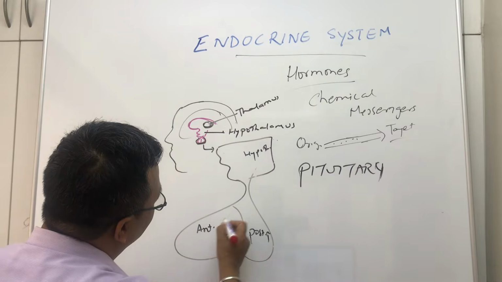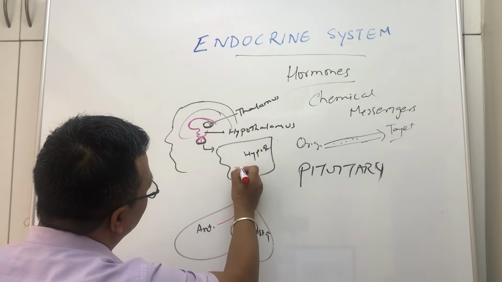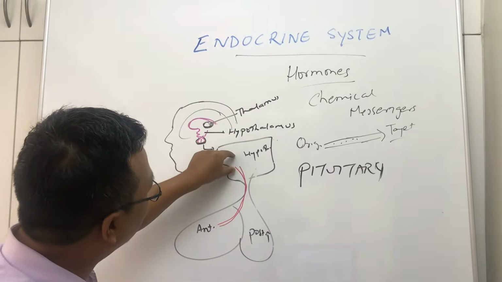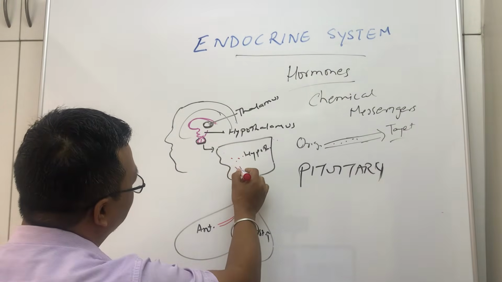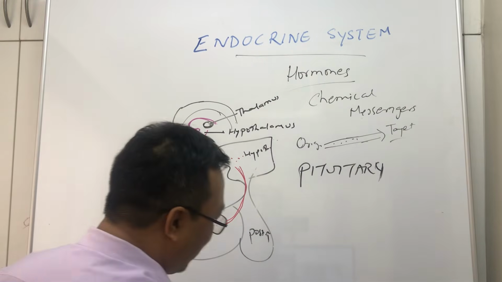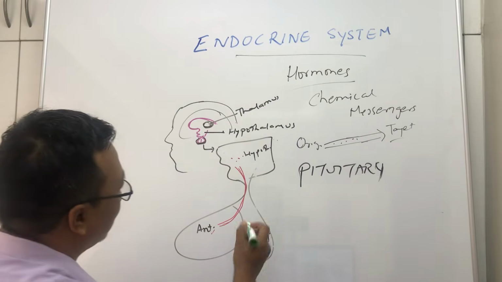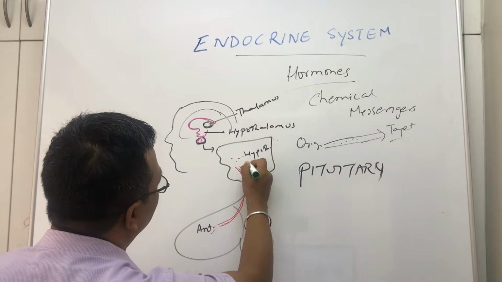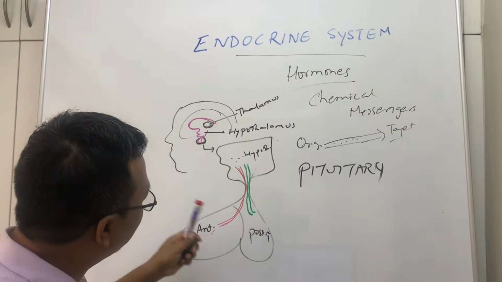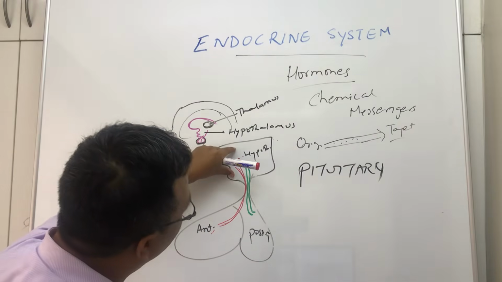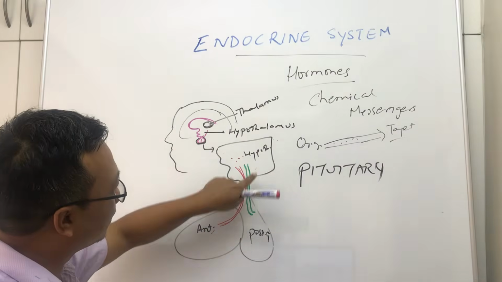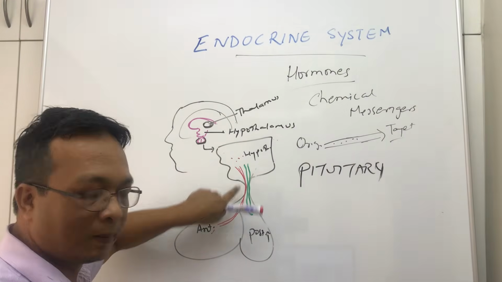The anterior pituitary gland is connected to the hypothalamus through blood supply, so whatever is there can travel through the blood circulation and drain into the anterior pituitary. Whereas the posterior pituitary gland is connected to the hypothalamus through nerve supply, the nervous system.